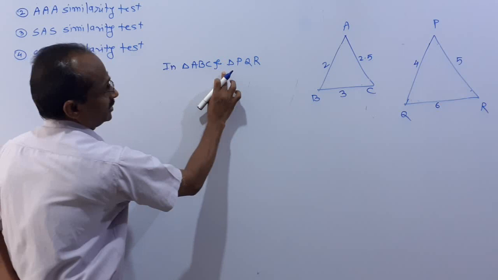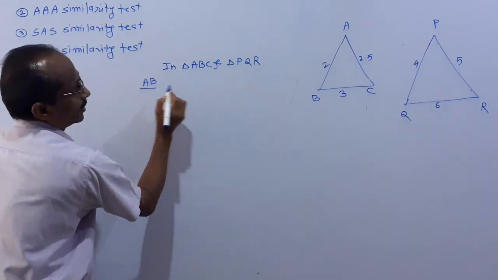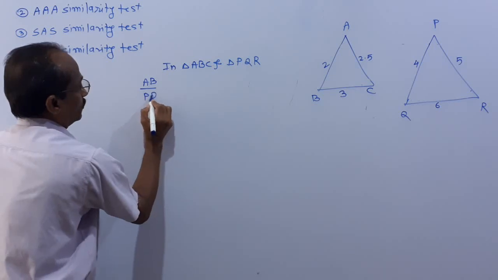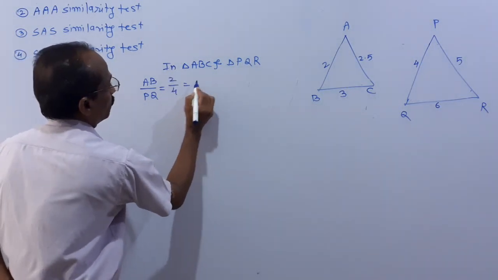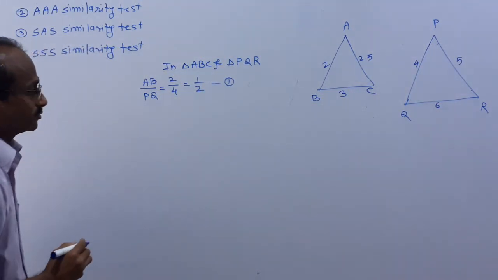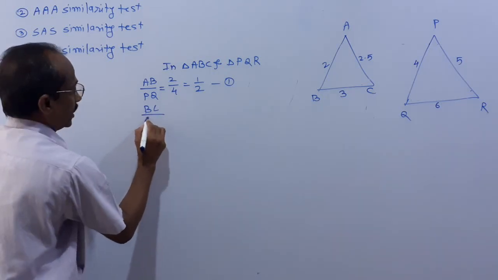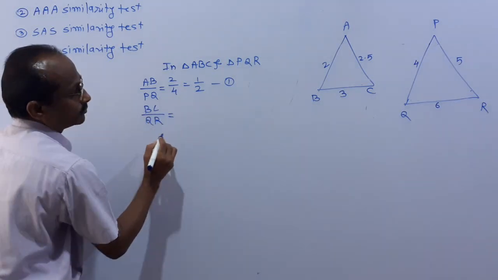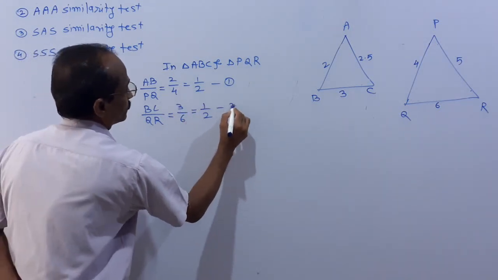In triangle ABC and triangle PQR, first ratio AB by PQ equals 2/4 equals 1/2. This is the value of the first ratio. Check the second. BC by QR equals 3/6 equals 1/2.